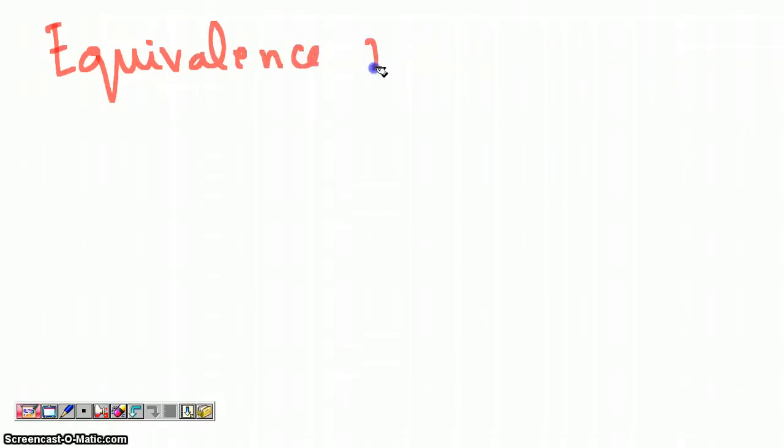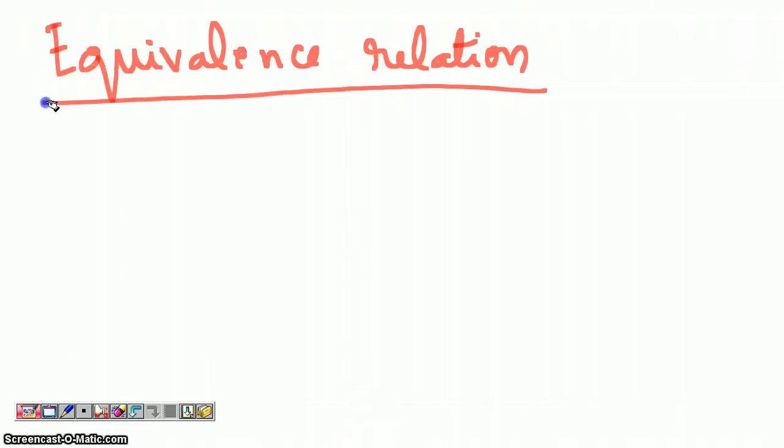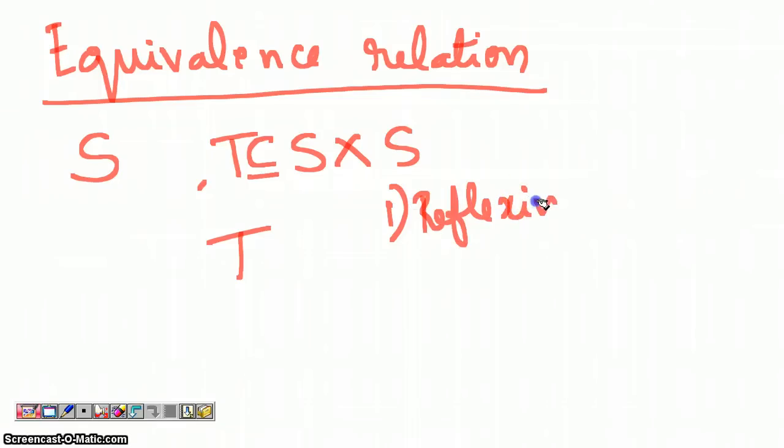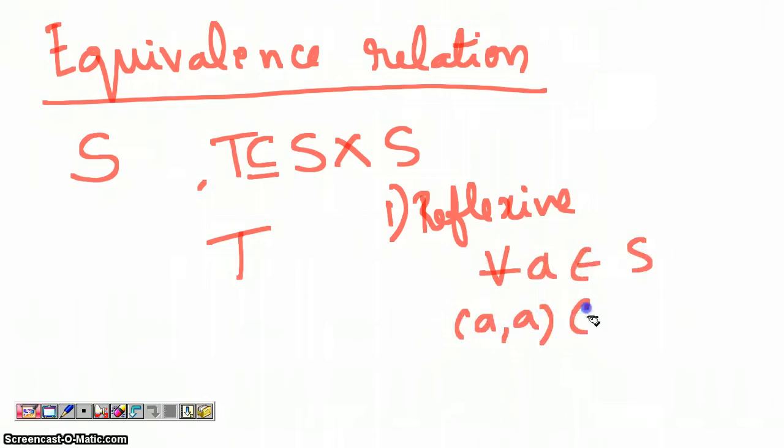So an equivalence relation, let me define it quickly, is something that satisfies, given a set S, you consider all ordered pairs S cross S, take a subset T of this S cross S. This particular T is said to have the property reflexive if given any A from the set S, A comma A must belong to T. That's the first property.